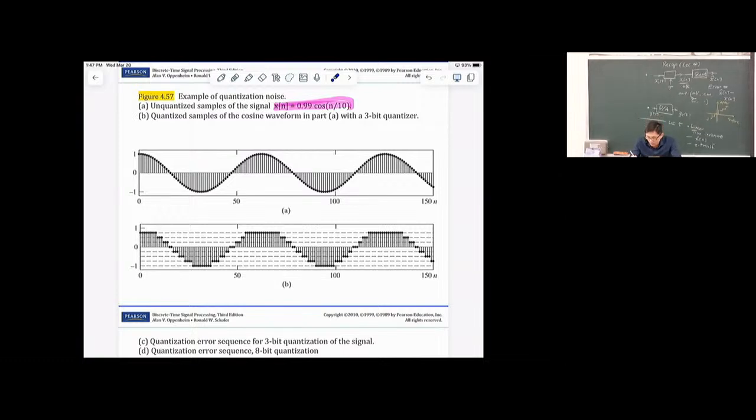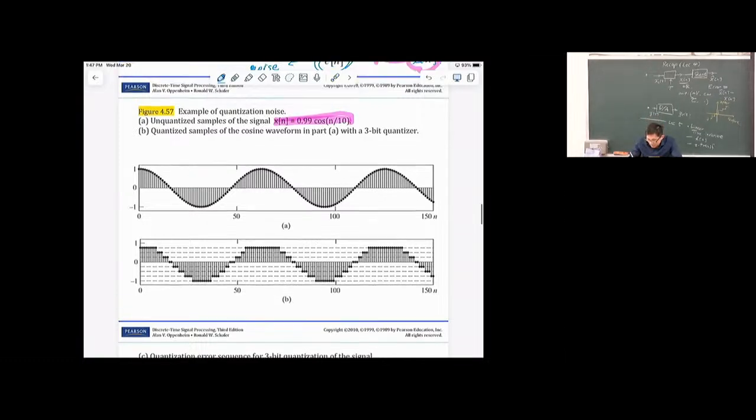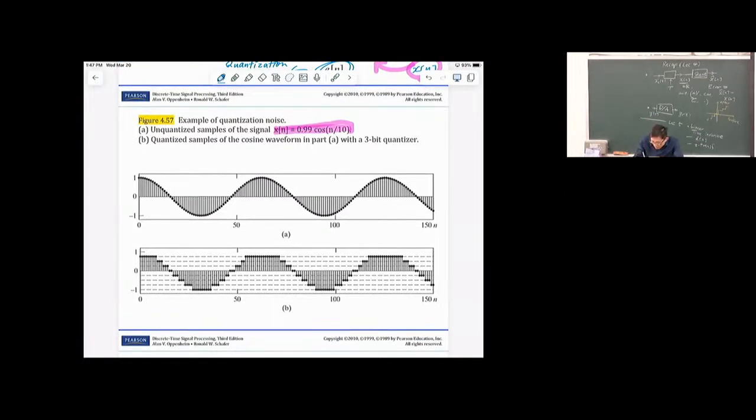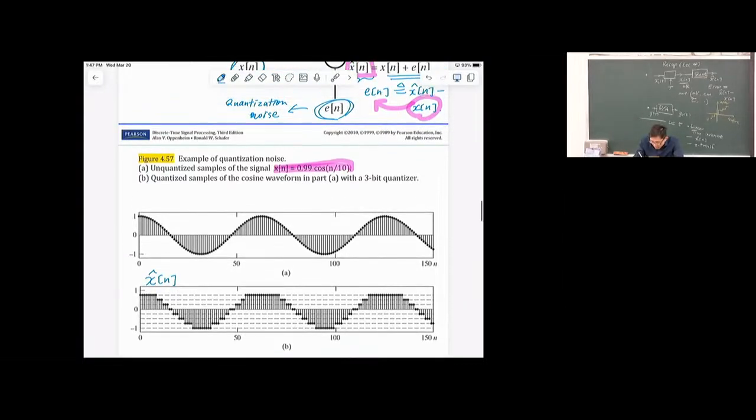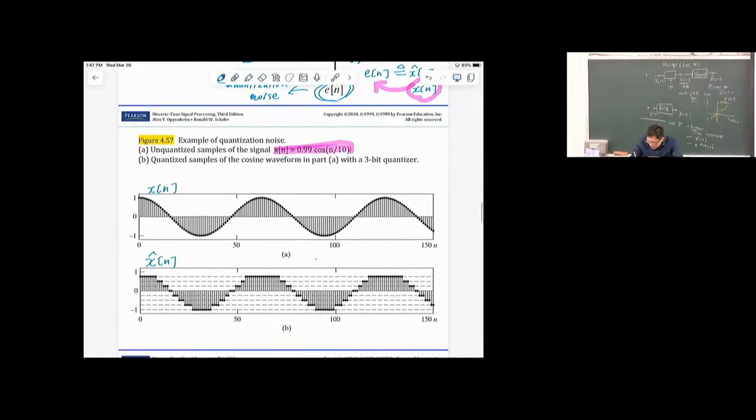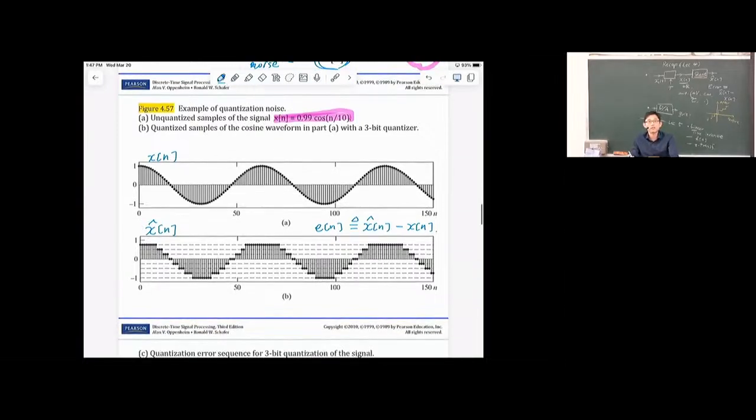According to our notation, after quantization the result is x hat n, and before quantization we denote it as x[n]. So the difference is our quantization error, defined as x hat n subtracted by x[n]. Can you imagine what it looks like?